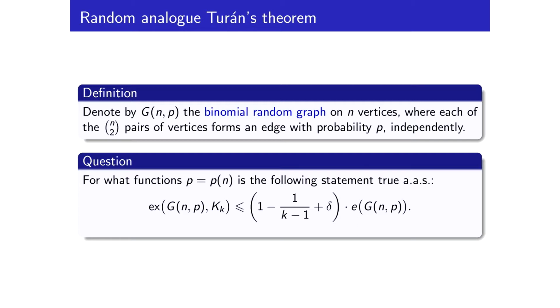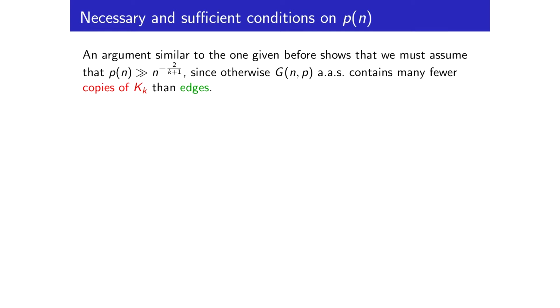So we are asking for which p the following is true: the largest K_k-free subgraph of G(n,p) has almost as many edges as the number of edges of the random graph times this number from Turán's theorem. That is usually called the random analogue of Turán's theorem. Here again we need some lower bound on p, because if p is too small, the number of copies of K_k is less than, or much less than, the number of edges, and then this definitely does not hold.